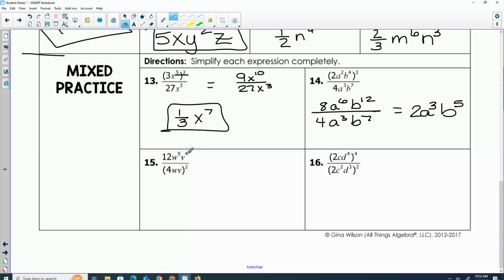Number 15, there's nothing to do on the top, but there is on the bottom. So right now the top is just going to stay, and we focus on the bottom. So 4 squared means 4 times 4 is 16. W to the 1st to the 2nd becomes W squared, V squared.